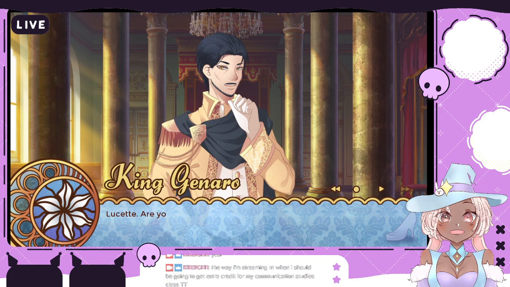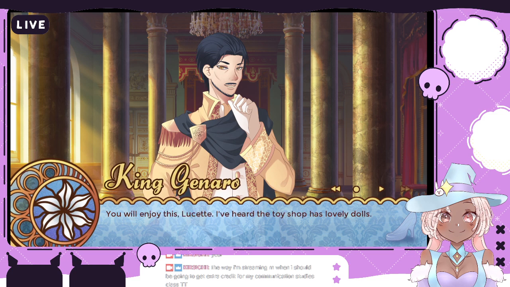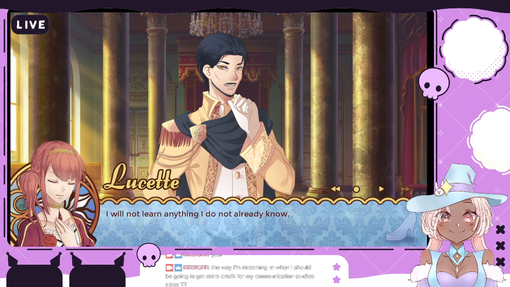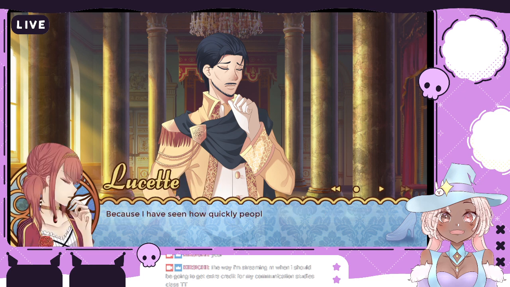Your Majesty, Lucette, are you ready? You will enjoy this, Lucette. I've heard the toy shop has lovely dolls. This will be good for you. You will get to know your sister better, and you will be able to interact with and learn about the people of Angel, about our subjects. I will not learn anything I do not already know. Why do you always believe that the people around you are incapable of good?